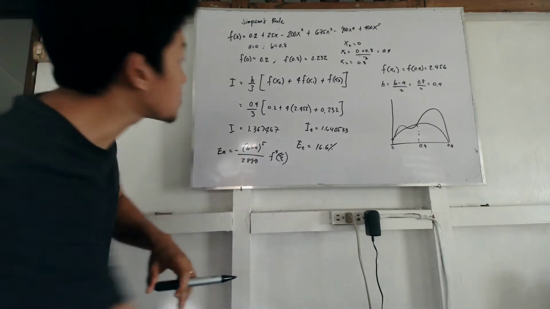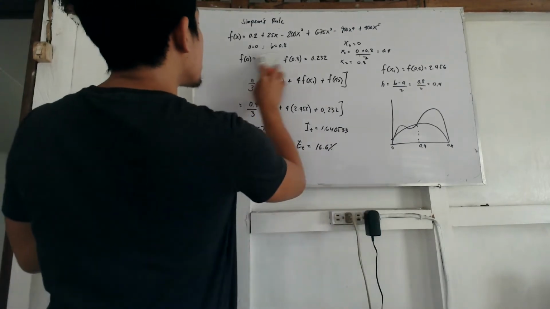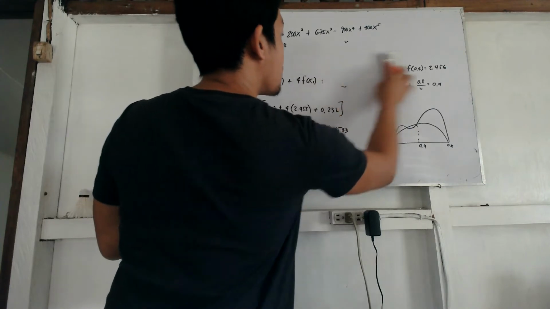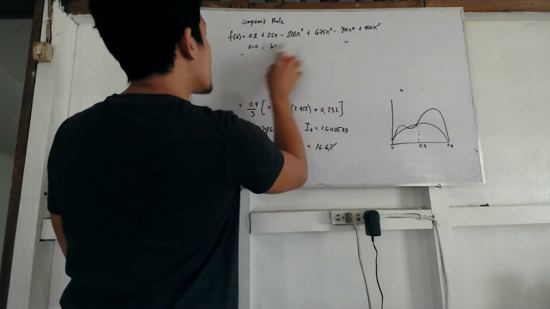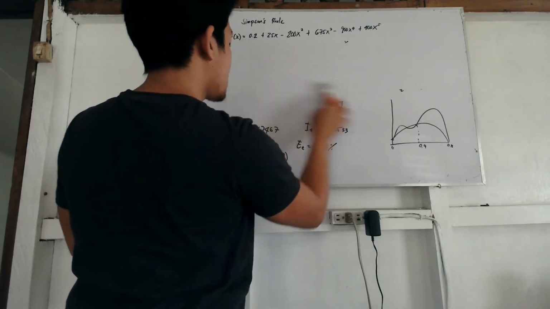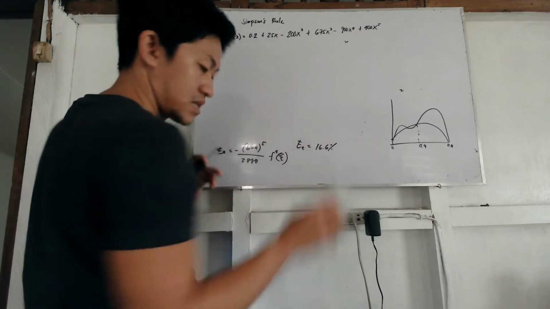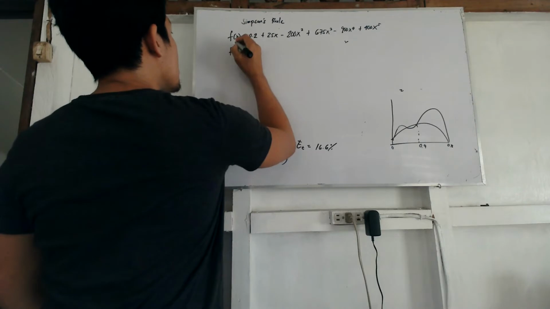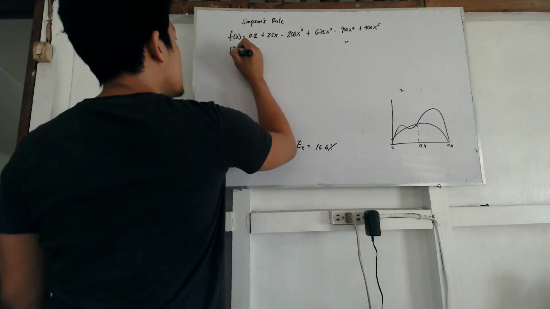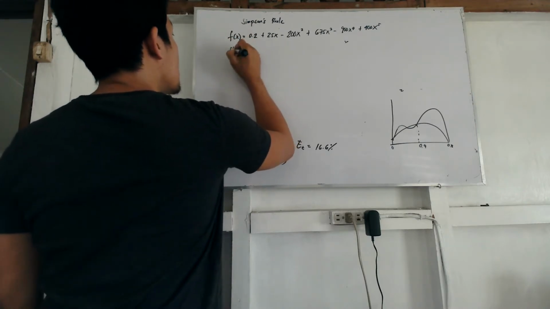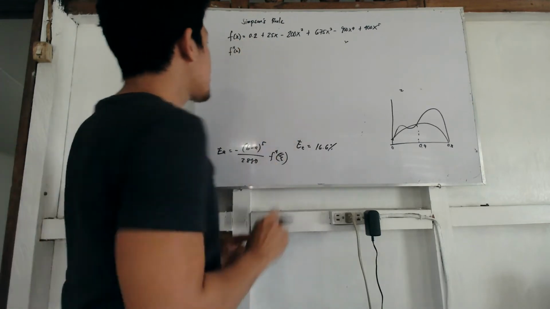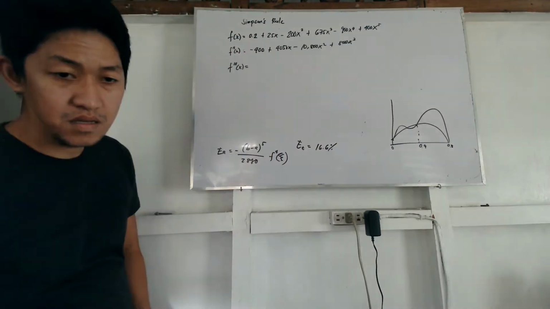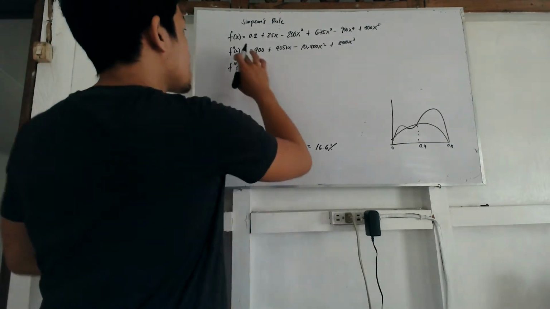So what we will do is get the fourth derivative of this one. We'll start from the second derivative, which we derived last time. So this is the second derivative.